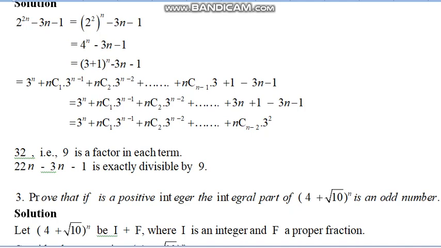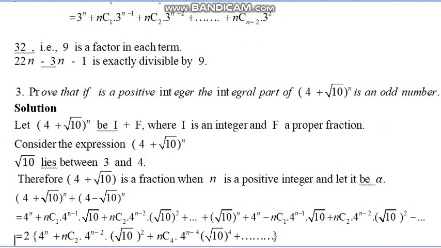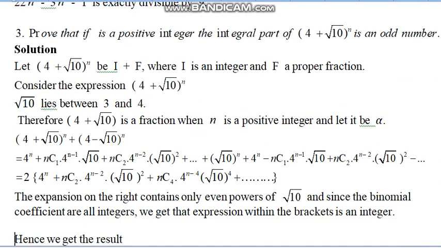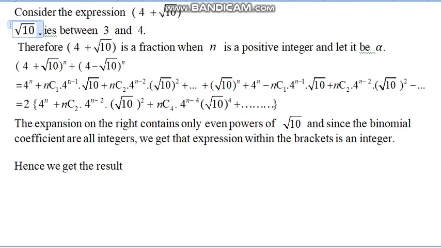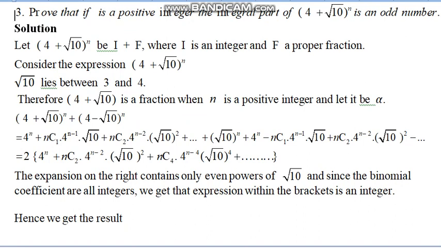Okay, so that is proved. Next problem: prove that if n is a positive integer, the integral part of (4 plus square root of 10) the power n is an odd number. So its expansion, we need to find for the positive integer.